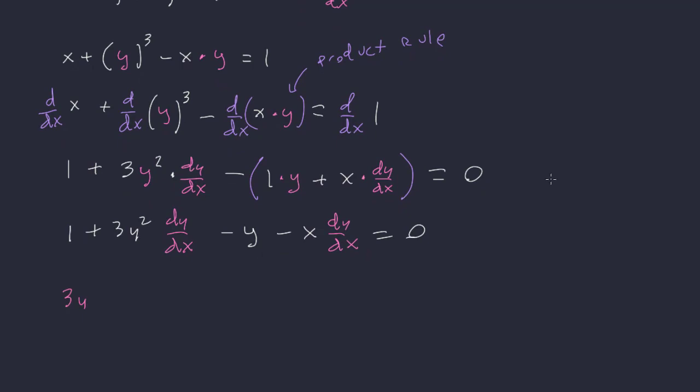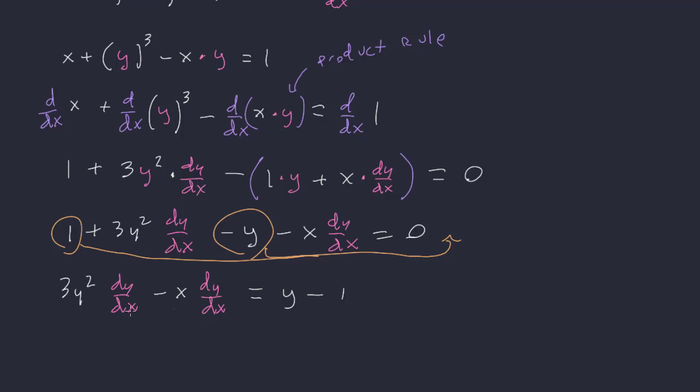So let's move these guys over. We have 3y squared dy/dx, we have minus x dy/dx is equal to, we move the y over to get a plus y and the 1 over to get a minus 1. So we move these two guys over, and we keep these guys on this side.